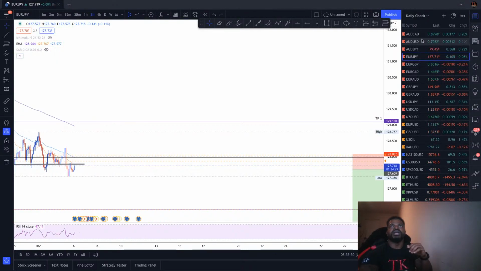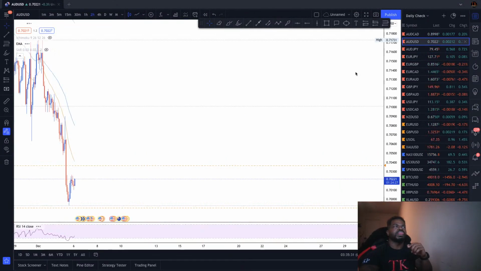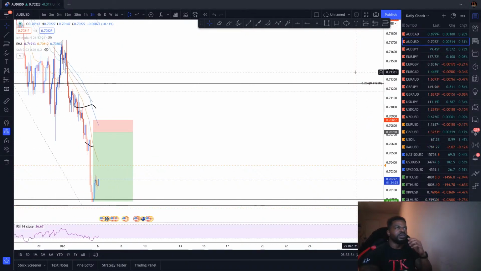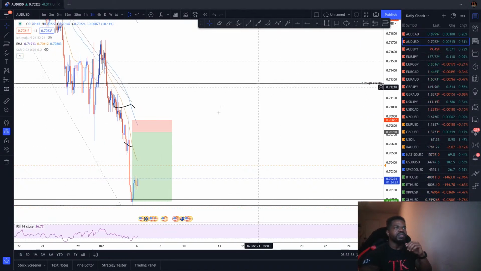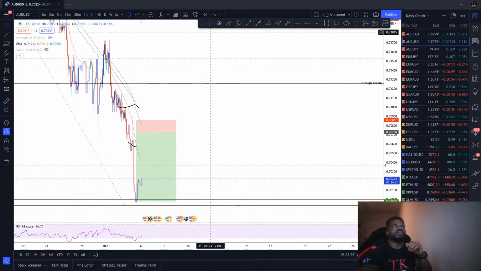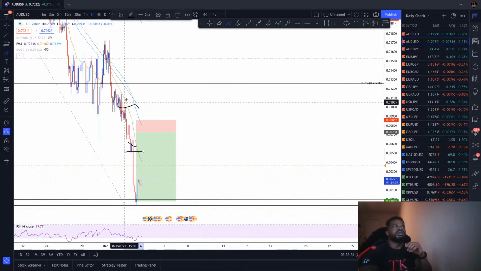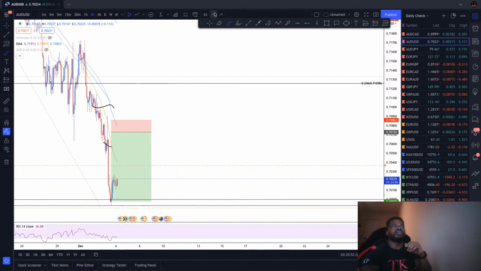Another setup we looked at was AUD USD. I said that it was a chance that AUD USD could continue bullish momentum from here, this area, and pull back to either this area or to retest the highs here.